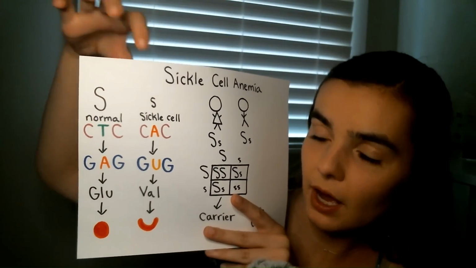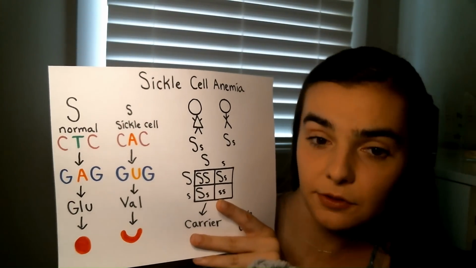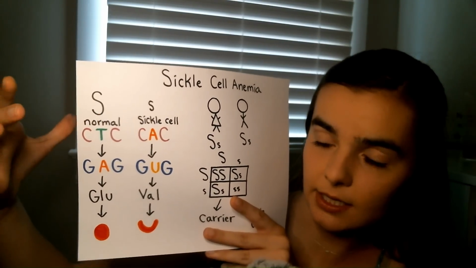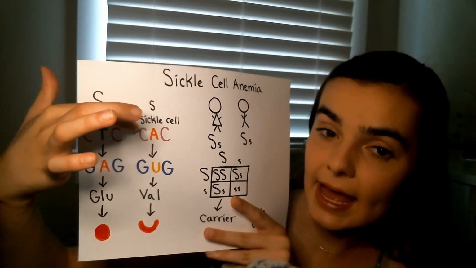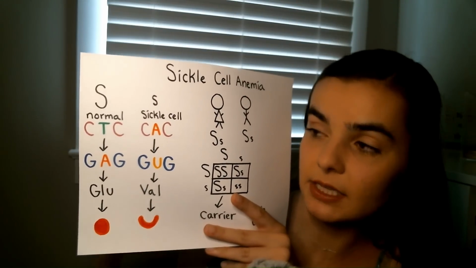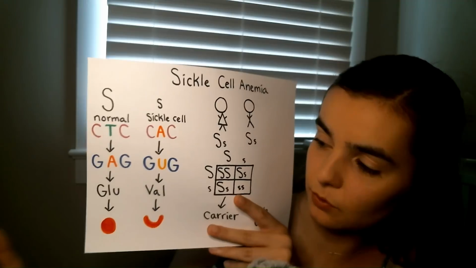However, if you have the sickle cell allele, then the rest of your protein is normal, but at this CTC site, you have CAC. That's the point mutation. This is known as a missense mutation, which we saw before.